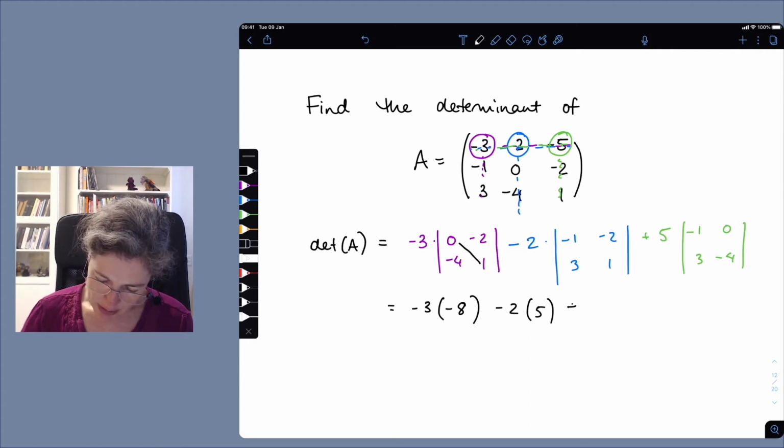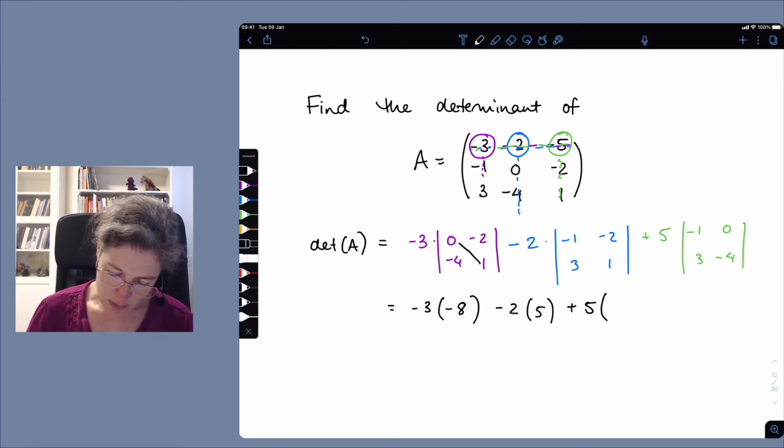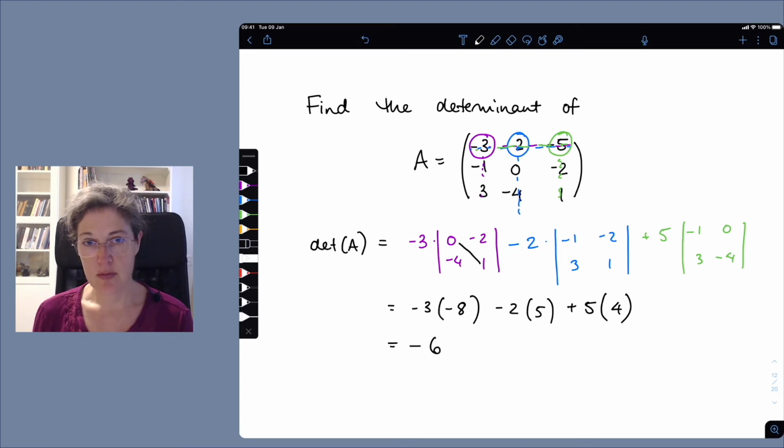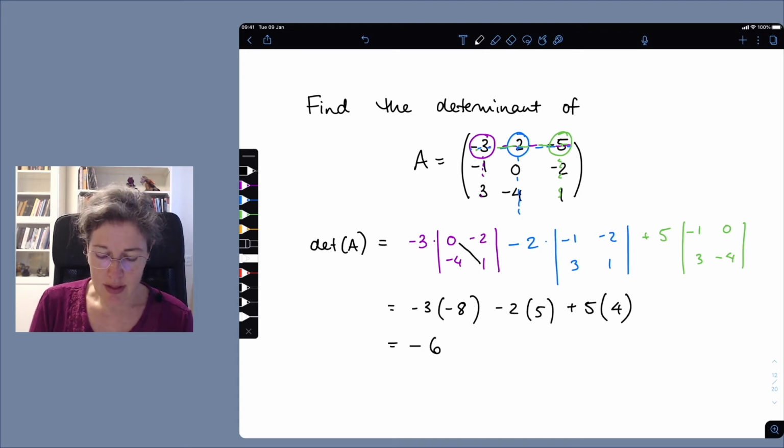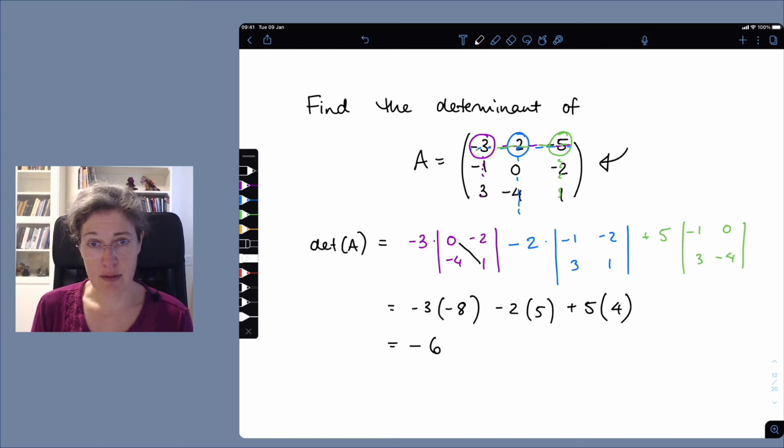And now we've got plus 5, and I've got a 4 minus 0, which is just 4. And if you plug all that together, you get minus 6. So, as I say, usually you would use a computer, but working through this once is a growing experience. Going to make your brain stronger. And now we can tell that this matrix A does have an inverse. So yay. Now we could go ahead and find the inverse.